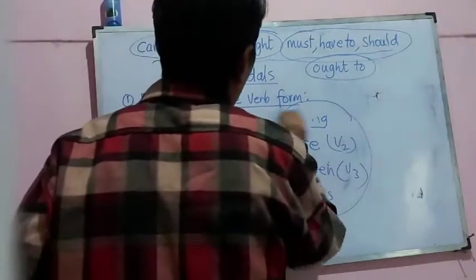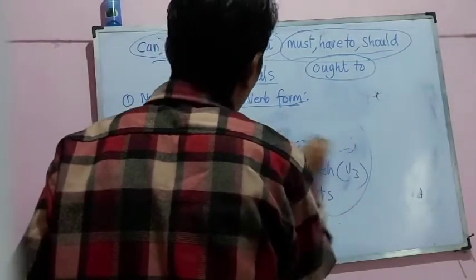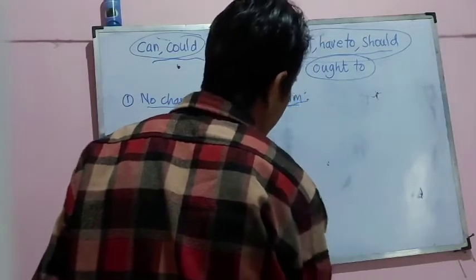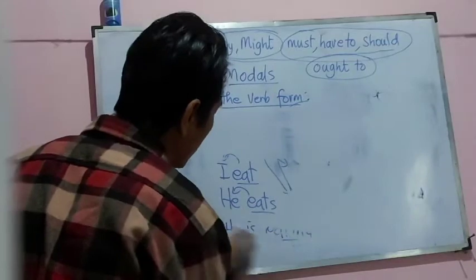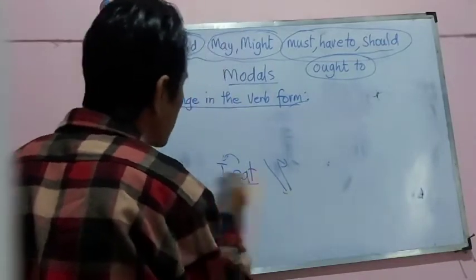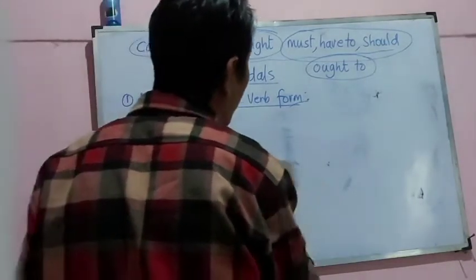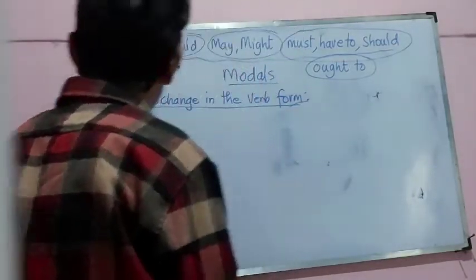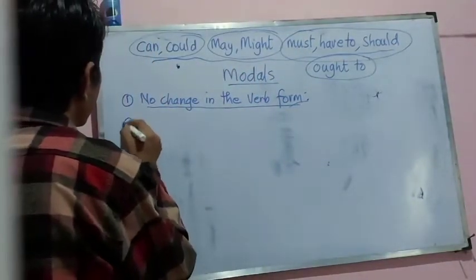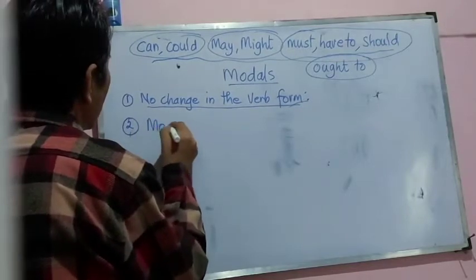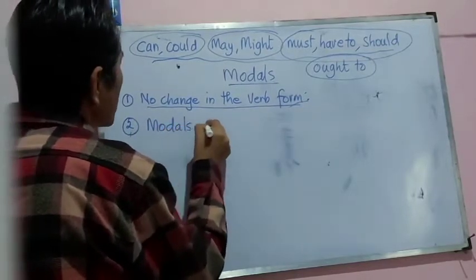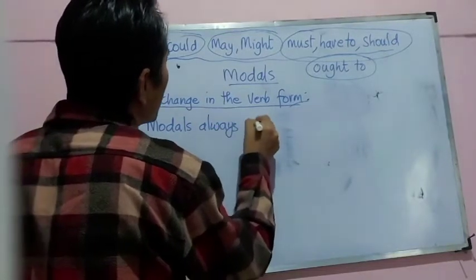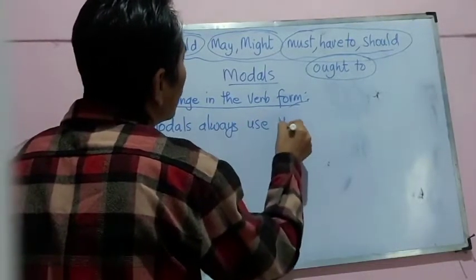So now let us move on to the second thing about the models. The first one is the verb form will never change. The second thing is models always use verb one.